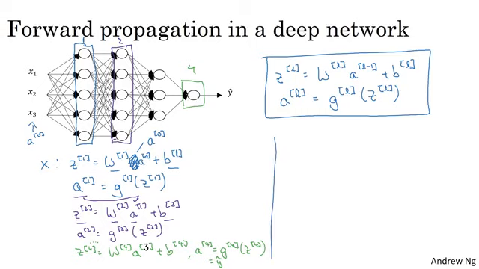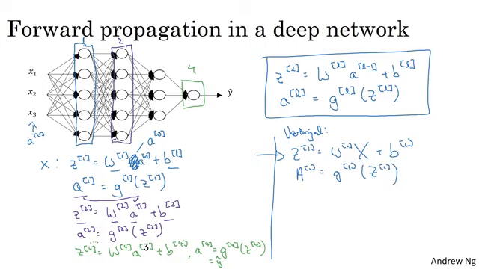So we've done all this for a single training example. How about doing it in a vectorized way for the whole training set at the same time? The equations look quite similar as before. For the first layer, you would have capital Z1 equals W1 times capital X plus B1, and then A1 equals G of Z1, right?